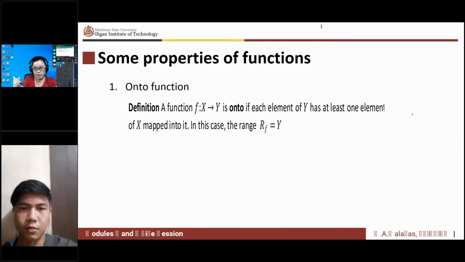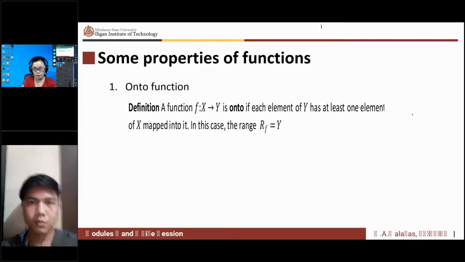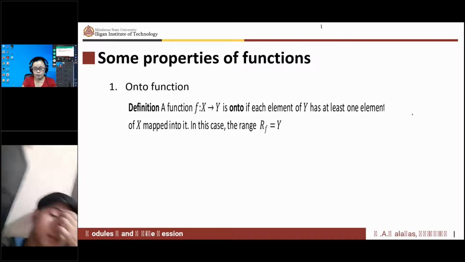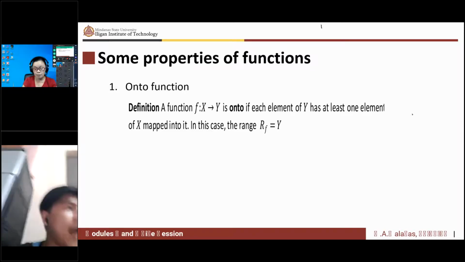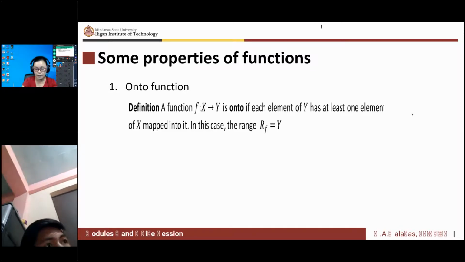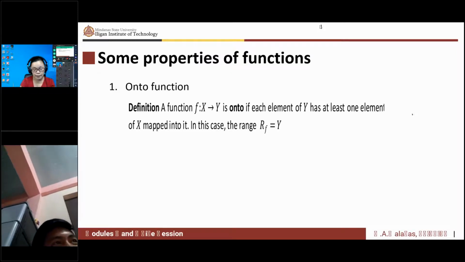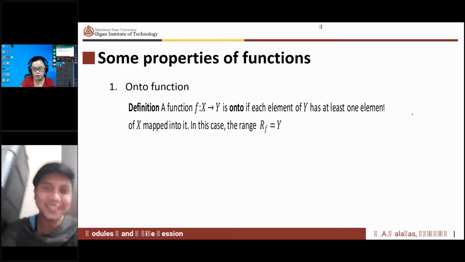So in other words, every element in the second set, the codomain, is used up. So it's being paired with the elements of the set x. So that is what we mean by an onto function.